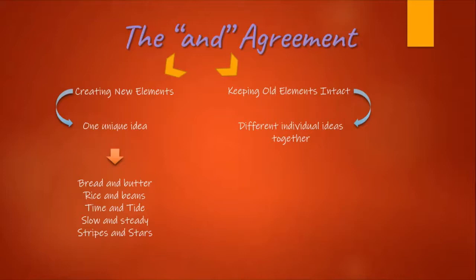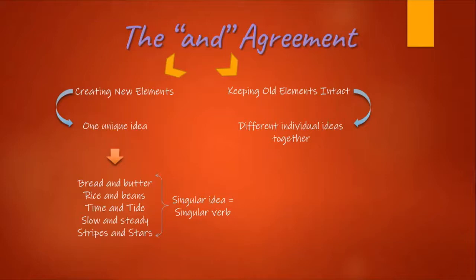So Stripes and Stars basically represent the national flag of America. So what we have here, all these things, bread and butter, rice and beans, time and tide, slow and steady, Stripes and Stars, all these are a singular idea. And for this, we will use a singular verb. A singular idea will take a singular verb.